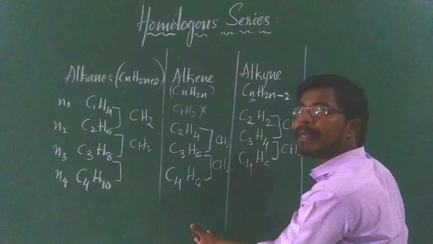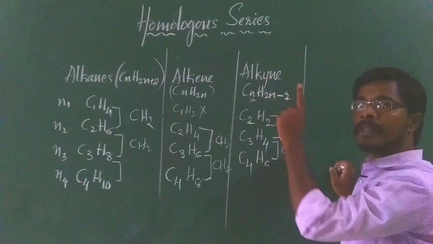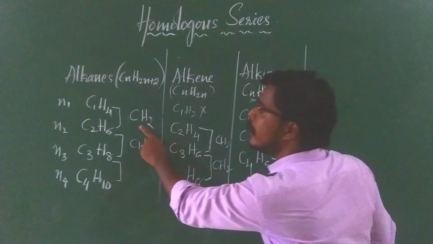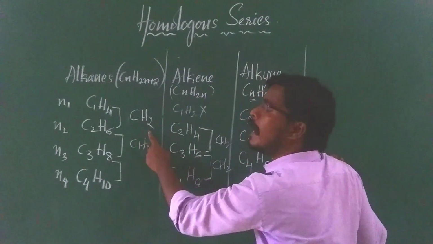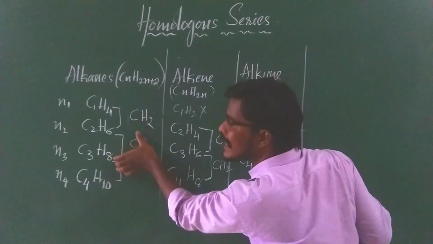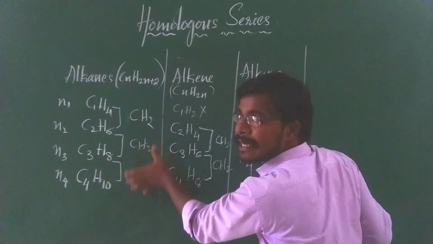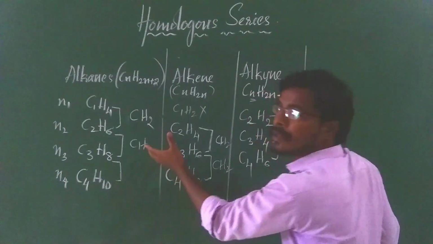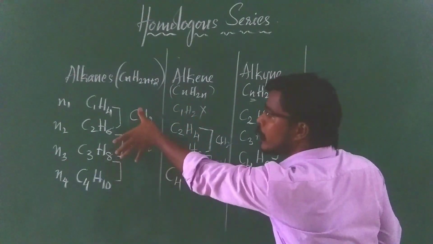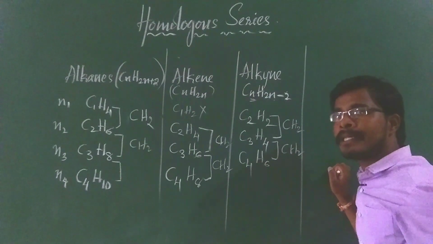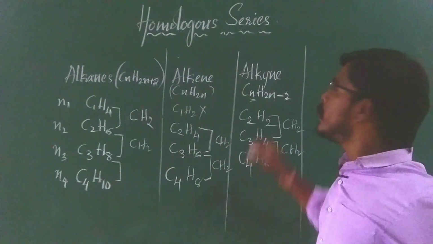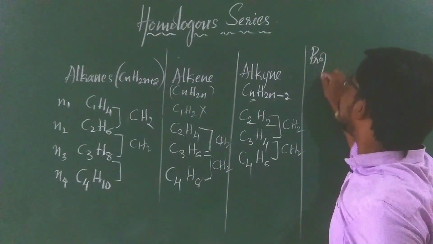So similar chemical properties are present, but there will be a difference of one carbon and two hydrogens in their succeeding members. Due to that, this type of group is called a homologous series.